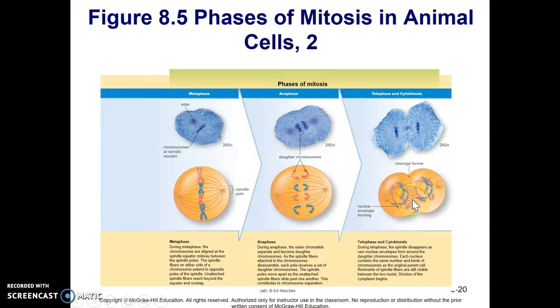And then in telophase, you can be fancy and say telophase if you want, we're going to start forming 2 nuclei, and we're going to start pinching in the cell membrane to start that separation. You can see that even under the microscope here, which is pretty cool.